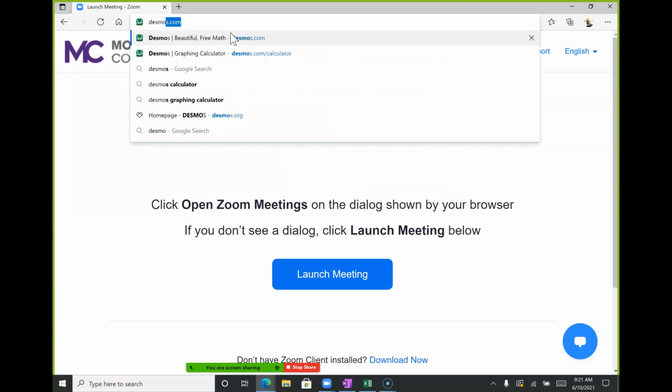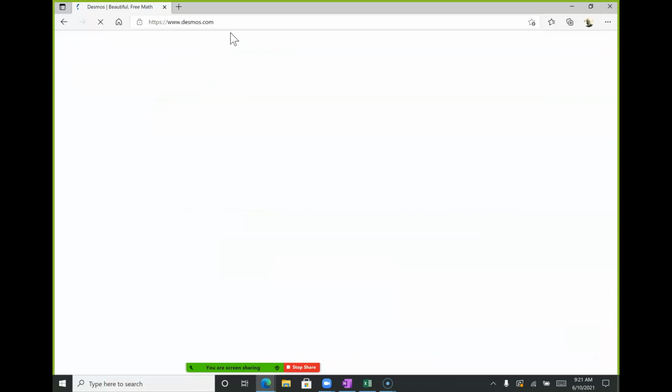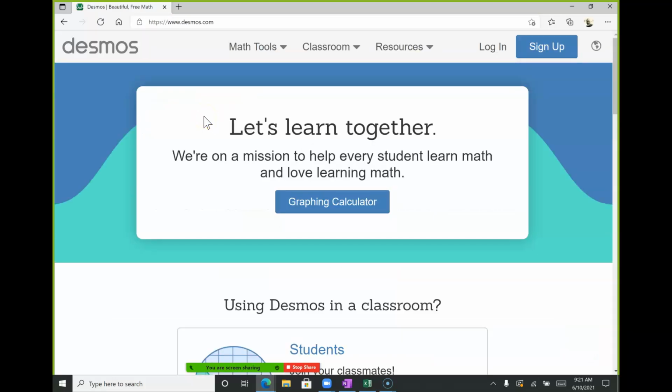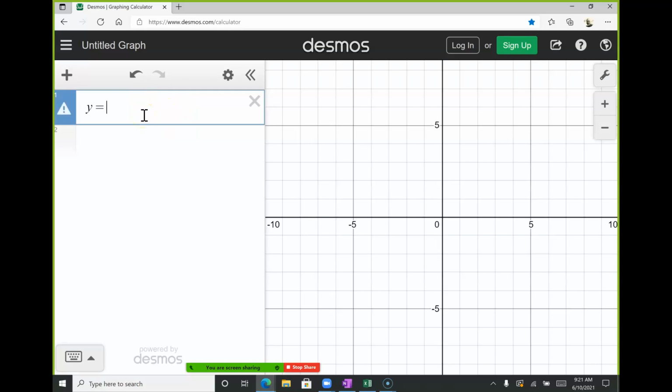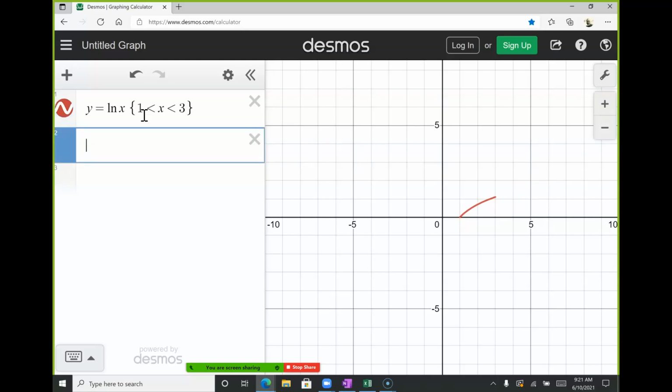But Desmos. So y equals ln of x, and I can restrict from 1 less than x less than 3. And xy equals 4 is the one they gave me. That's what I was confused about.